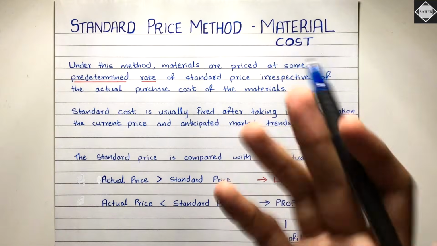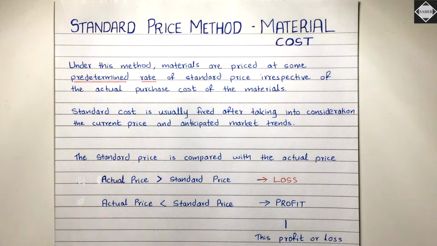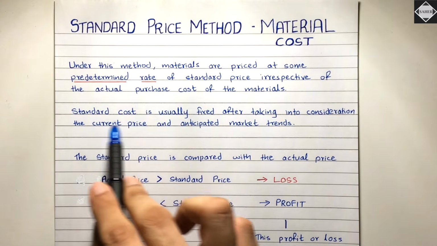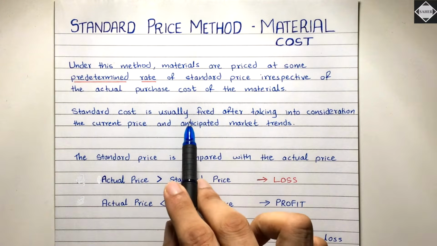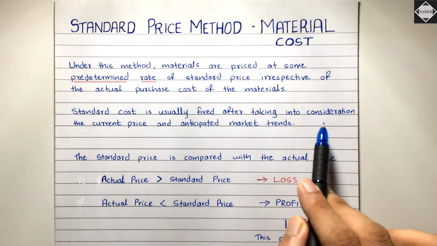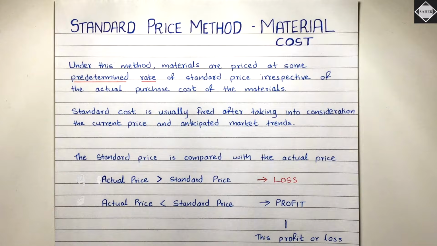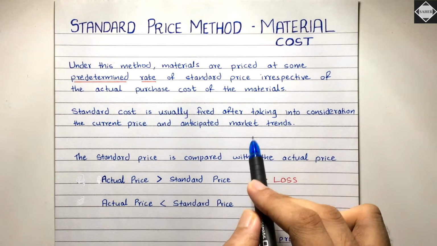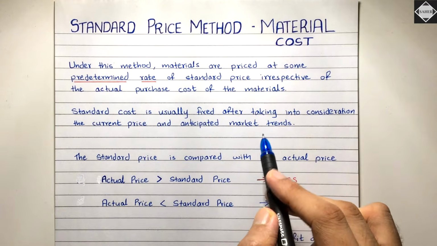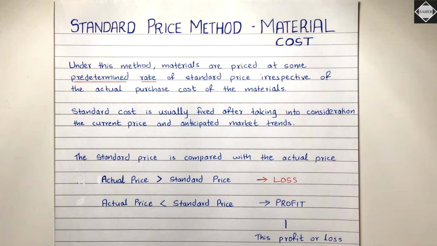It doesn't matter at what price you purchased, because whatever will be going out through the warehouse, we are going to value at a standard price. Fine. So standard cost or standard price is usually fixed after taking into consideration the current market price of the materials and anticipated market trends, demand, supply, all these things.